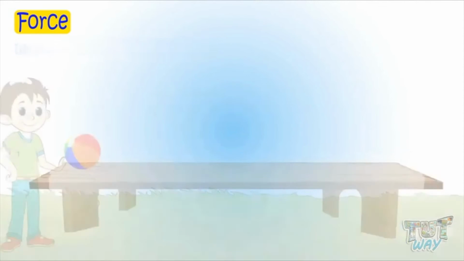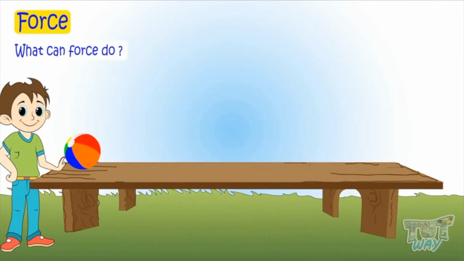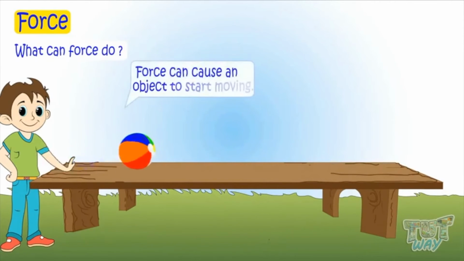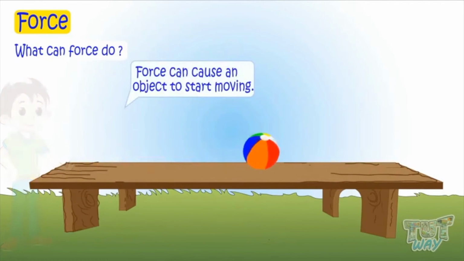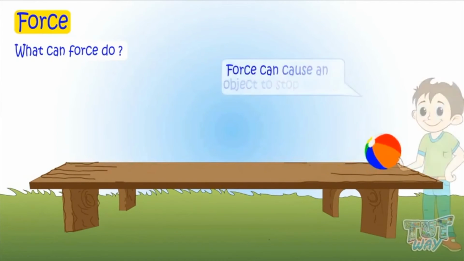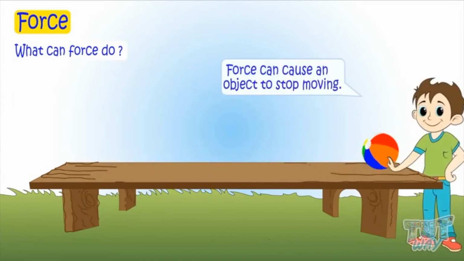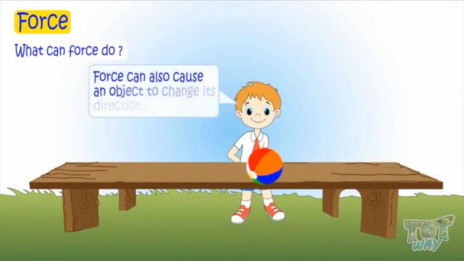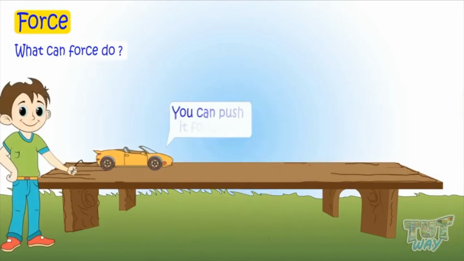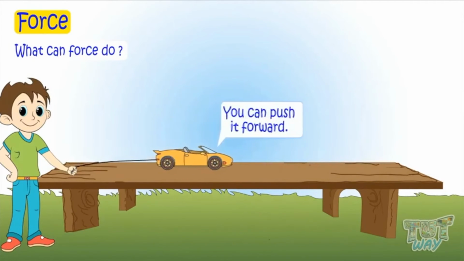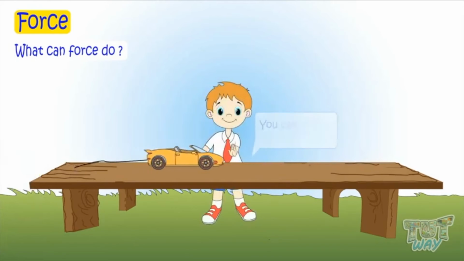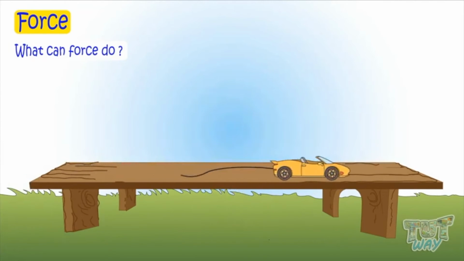Now let's see what force can do. Force can cause an object to start moving. Force can cause object to stop moving, and can also cause an object to change its direction. Here is your toy car. You can push it forward. You can pull it back. You can change the direction of movement of your car.